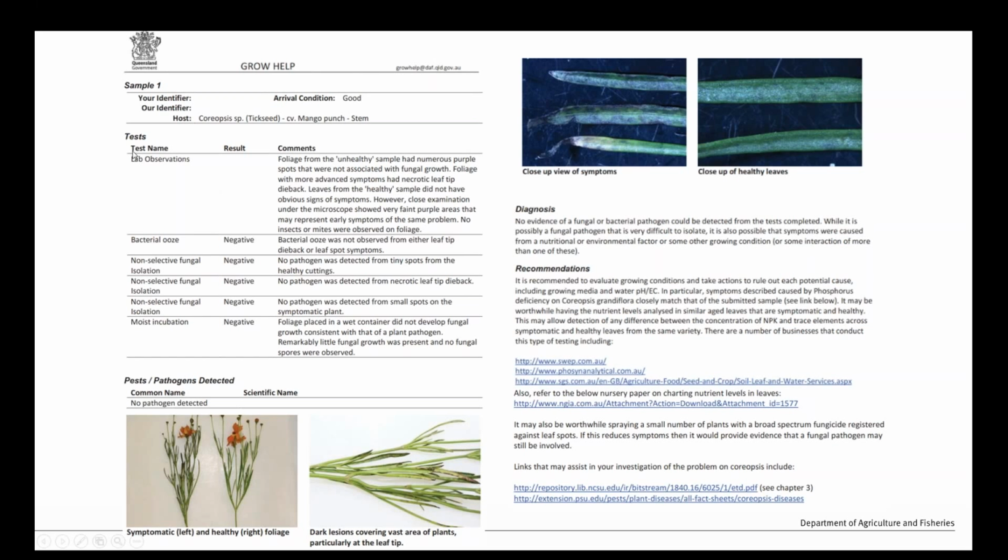We'll show the types of tests that we've done. We'll always have the laboratory observations, what we've seen under the microscope, and just by looking at the plant, the different tests that we've completed, some pictures of the symptoms and perhaps close-up images of those symptoms. We'll have a summary of the tests, and then we'll have some recommendations.